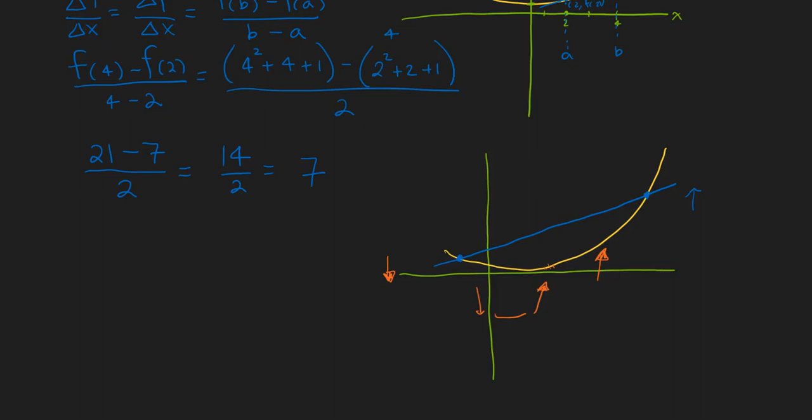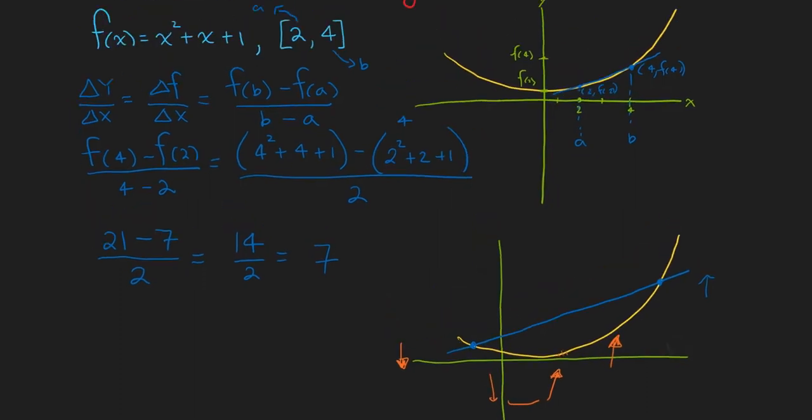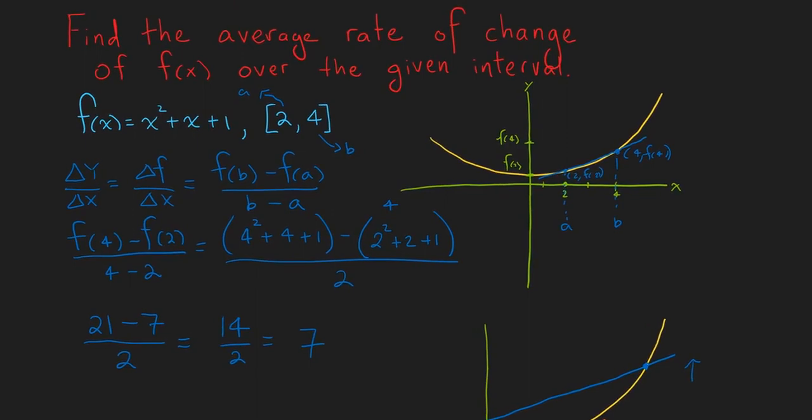And overall, the average slope over that entire interval is positive, which means that it's climbing at a greater rate, or it's climbing more than it's falling. So that is how we compute the average rate of change of a function over a given interval.